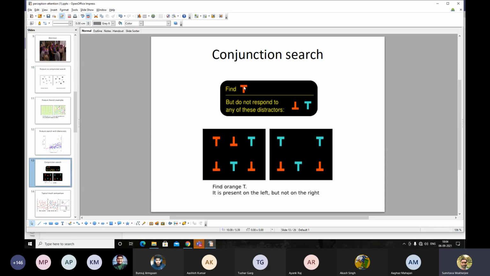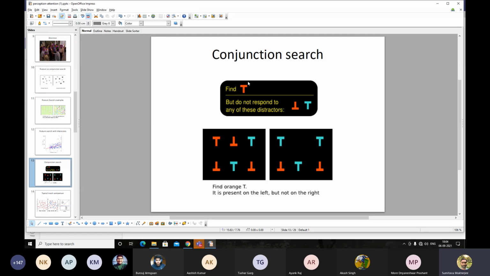For conjunction search, let's say the task is you have to find this T, which is an upright T, which means that an inverted T, although it's of the same color, is a distractor. It's not the target.